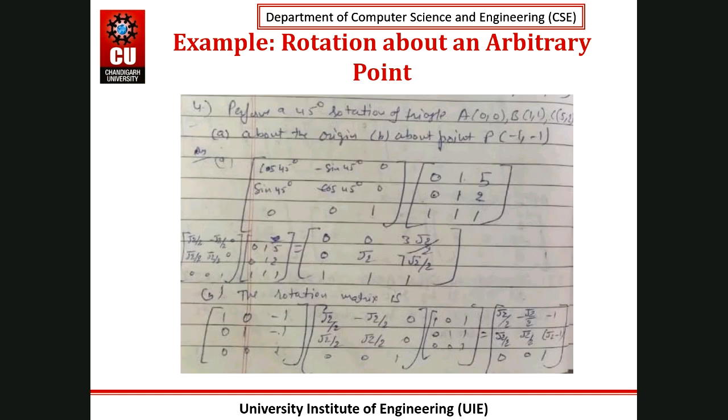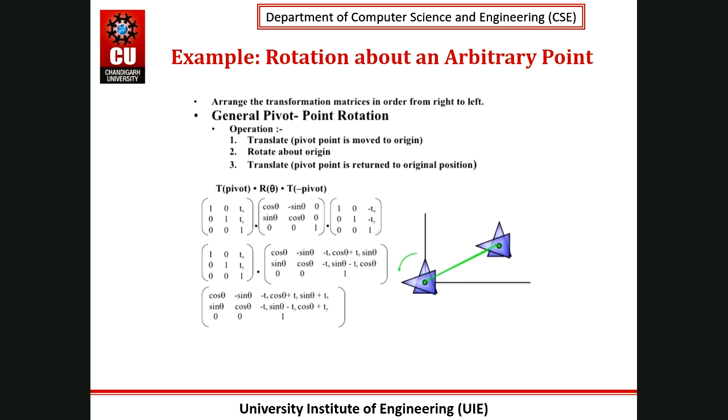So three operations were there. I told you these three operations we have to perform. Just remember these three equations. The very first matrix is the translation: 1 0 tx, 0 1 ty, 0 0 1. Then cos theta, minus sin theta.